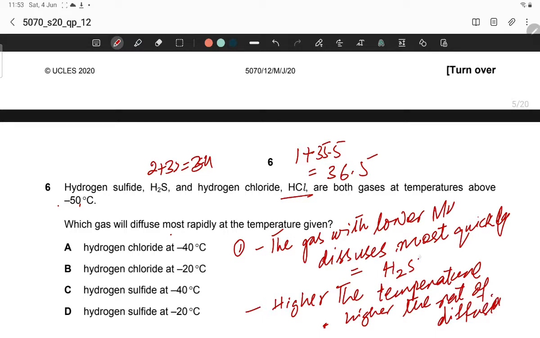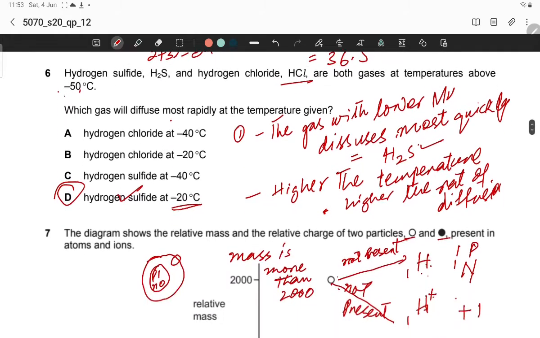So H2S is the gas, and higher the temperature. So this is minus 50 degrees centigrade, so minus 20 degrees centigrade is the highest temperature. So D is the correct option. Hydrogen sulfide and minus 20 degrees centigrade is the higher temperature.